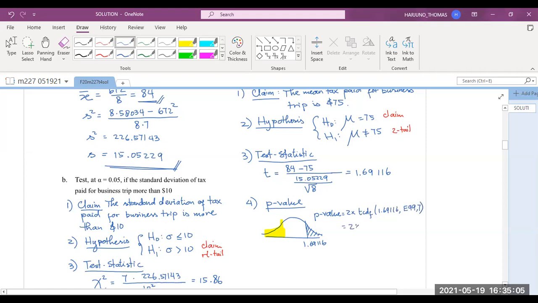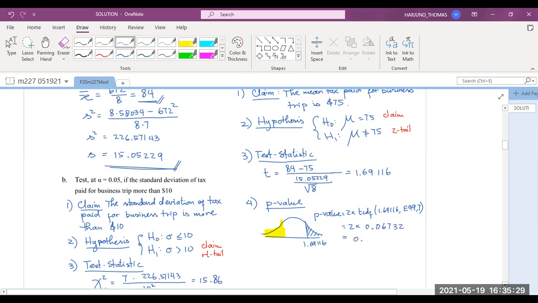That is 2 times 0.06732, multiplied by 2.